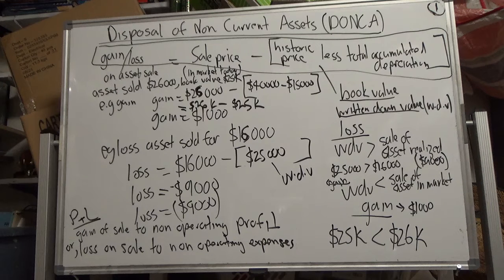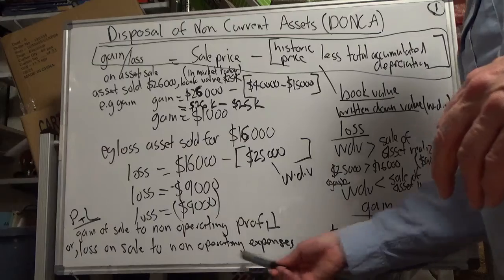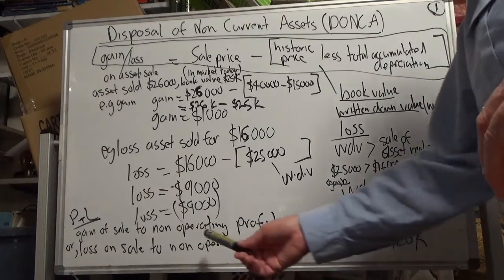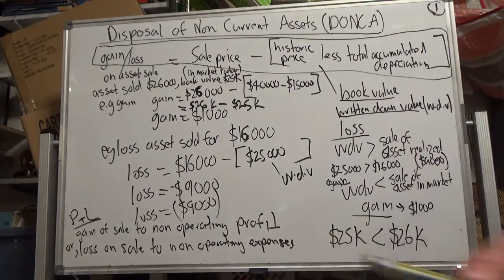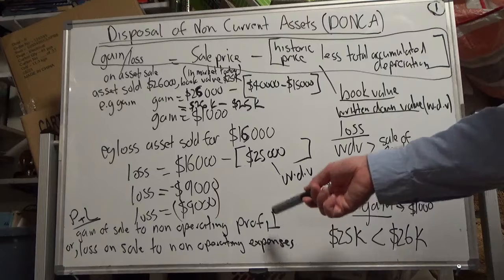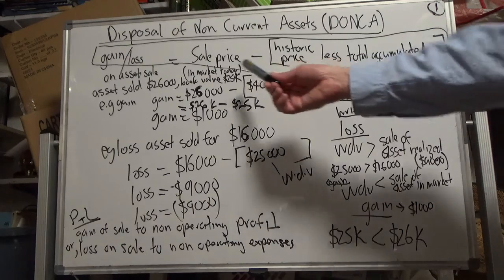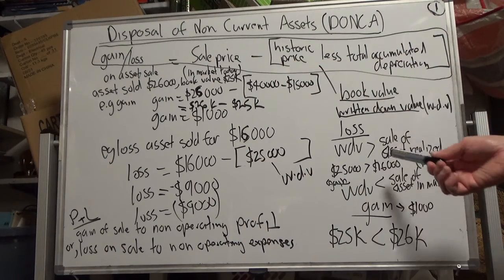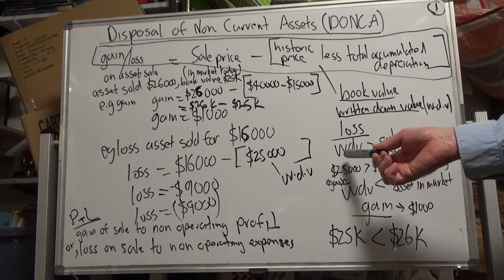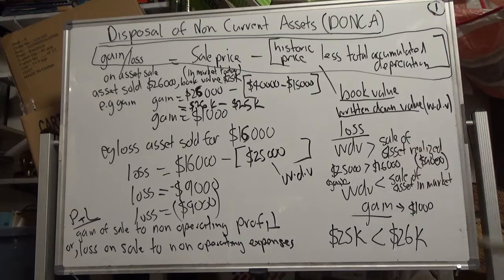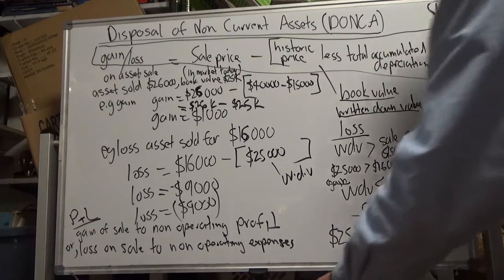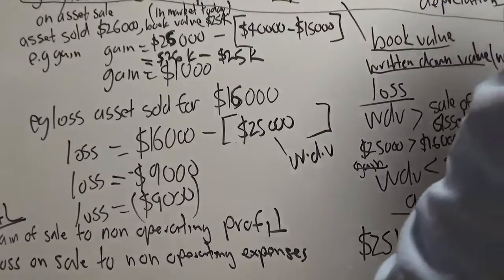Okay, so non-operating expenses is your loss, non-operating profit is your gain, for the two types of situations. So again, just make a note of that formula, or simply compare written down value to the realised sale to get gain or loss. Going over the board.